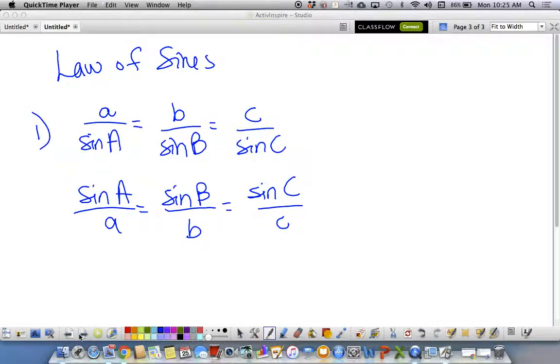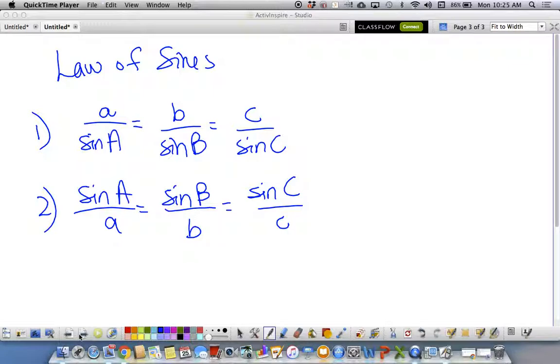The top one and the second one. Are they the same? Does it matter whether I write the side length on the top and the angle on the bottom, or the sine of the angle on the top and the side on the bottom? If you do them all the same, it does not matter.